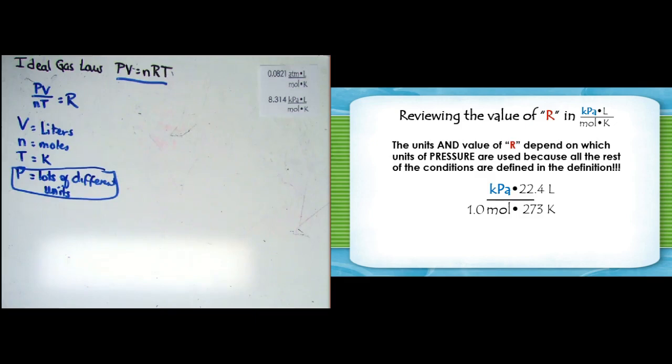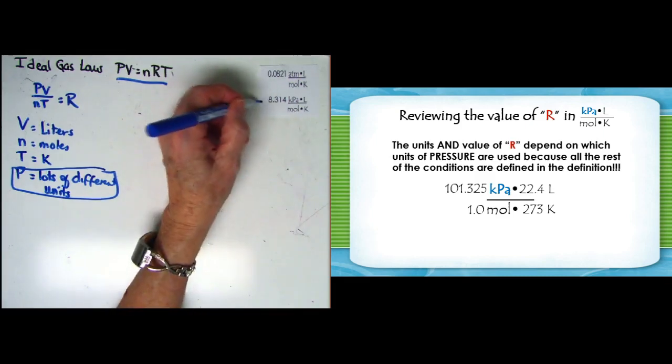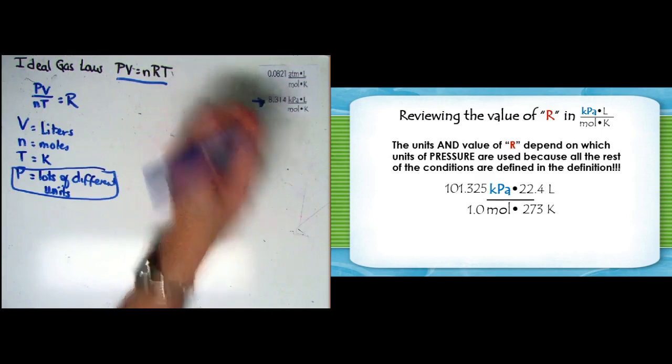However, if pressure is in kilopascals, then it becomes 101.325. You calculate this number, and you're going to get this value right there.